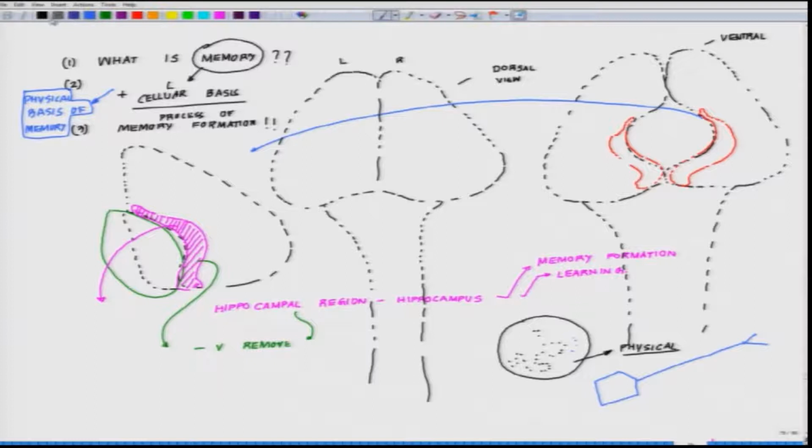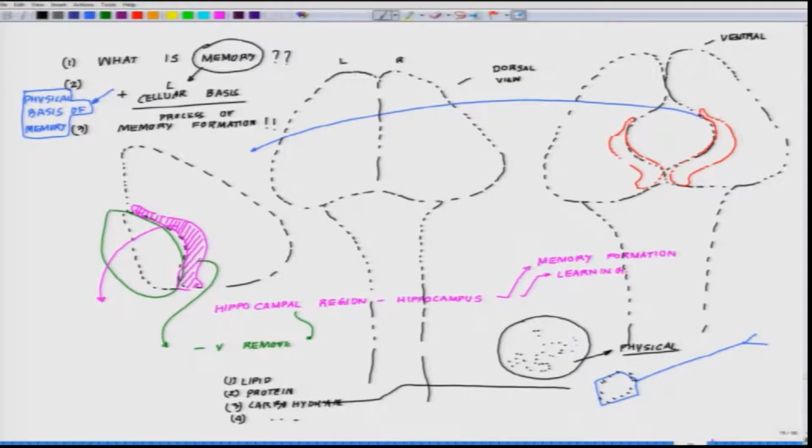Say, for example, is there some kind of change happening, something which will be stored? If a change has to happen, it can only happen either in a lipid which is forming the bilipid layer of the membrane, or in a protein, or in a carbohydrate, or in some other XYZ, or even in water, right.